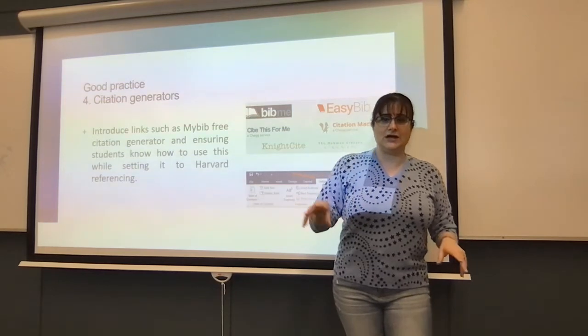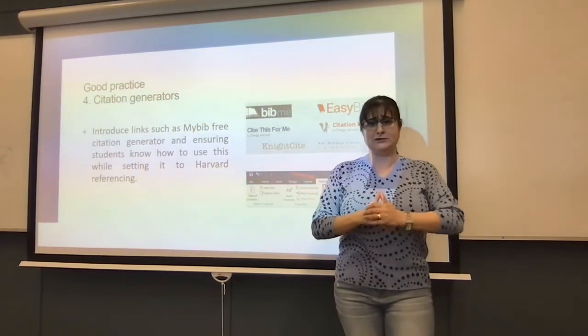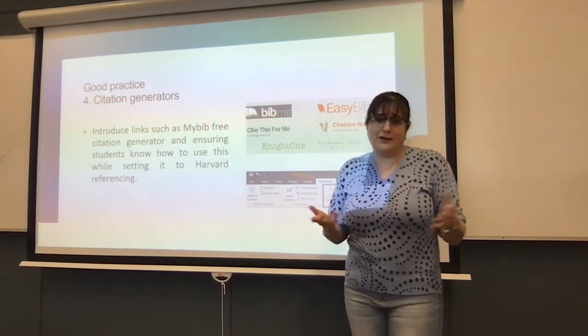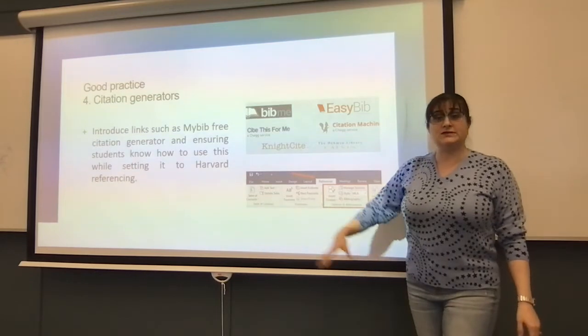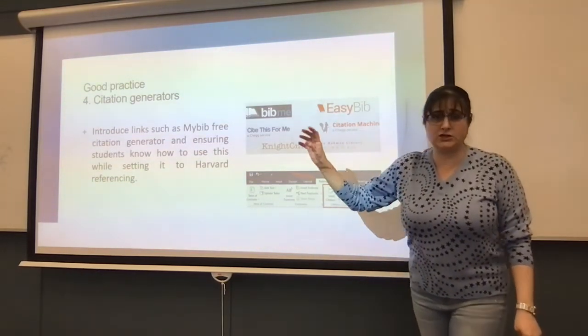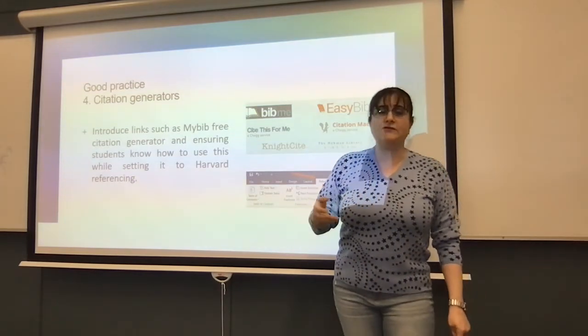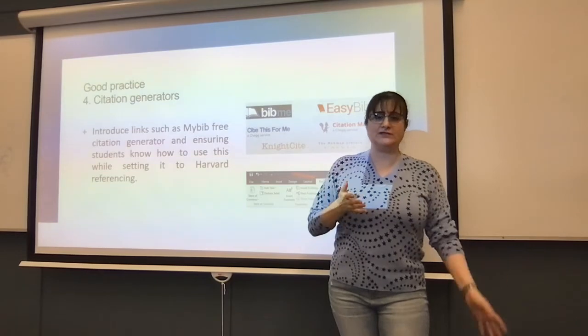All they do is download it through Google Chrome, or as I tell them, go to Auntie Google and say, hey Google, how do I find my MyBib Free Citation Generator? Download this, add the add-on on the top of the screen or on the top of your search bar, and it's always there. Of course, this particular application does have its flaws.